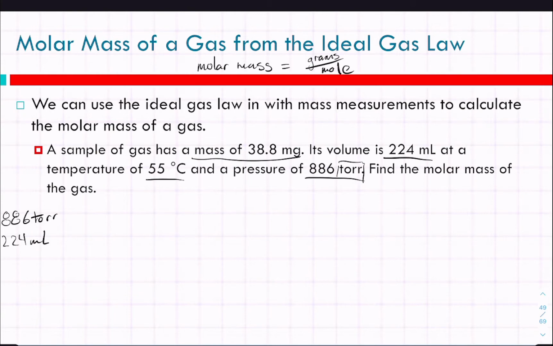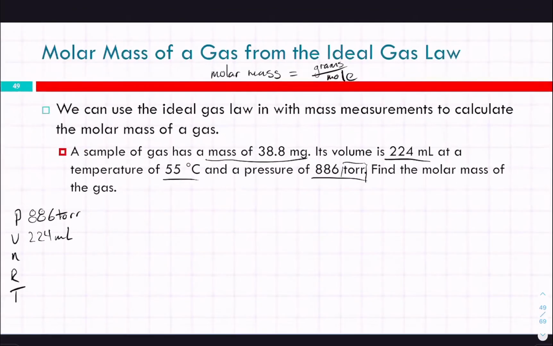So we've been given grams. If we can find moles, then we can take our grams, divide by moles, and get the molar mass. And in some cases, identify the gas. Okay, so we have our pressure. Moles is what we're looking for. It's kind of left to you to infer that. A little critical thinking.